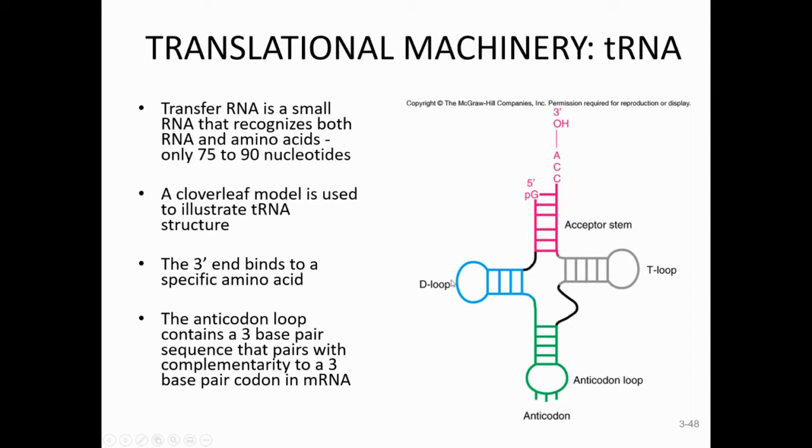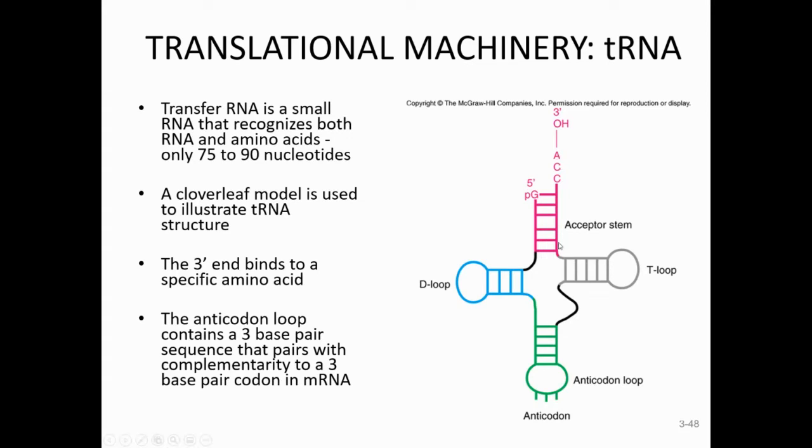And you see the secondary structure is a clover leaf structure. The 5' end is a phosphorylated G, always beginning with G, and the 3' end always ends with CCA.